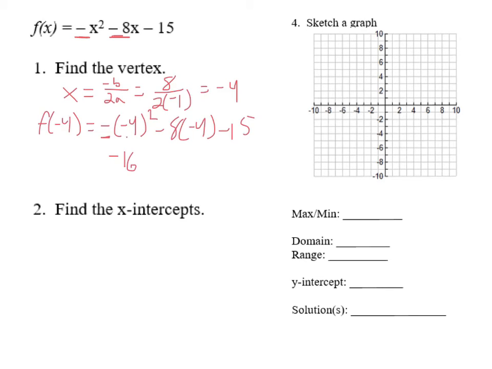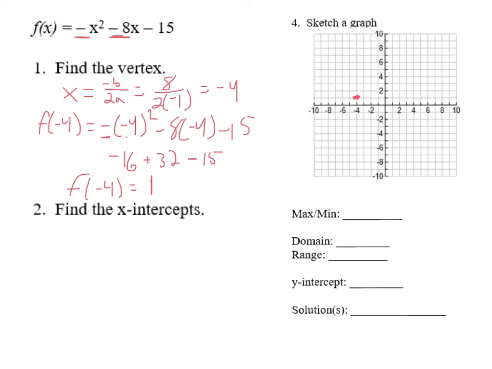Then we have -8 times -4, which is +32. And then we're also subtracting 15. What we wind up with is f of -4 equals +1. So the vertex here is going to be (-4, 1). My vertex is at (-4, 1).